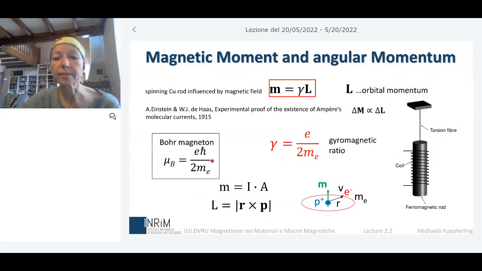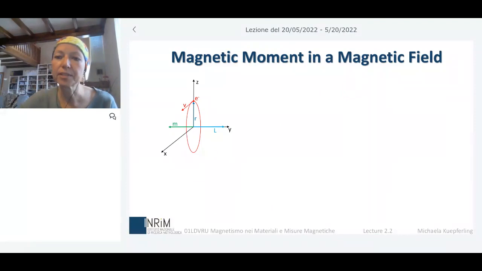In this case, we also have here h bar, the Planck constant, because L becomes a quantum operator. But let's not move too much into quantum physics, because in this lecture we will still stay on classical theories. This is just to make a connection.